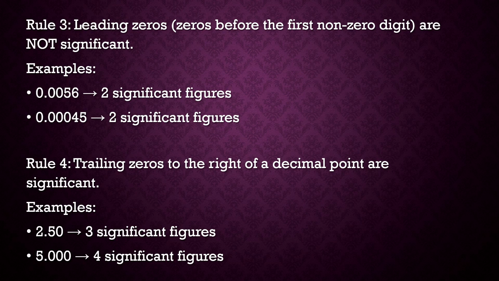And 5.00 has a decimal and zeros on the right side, so it has four significant figures.